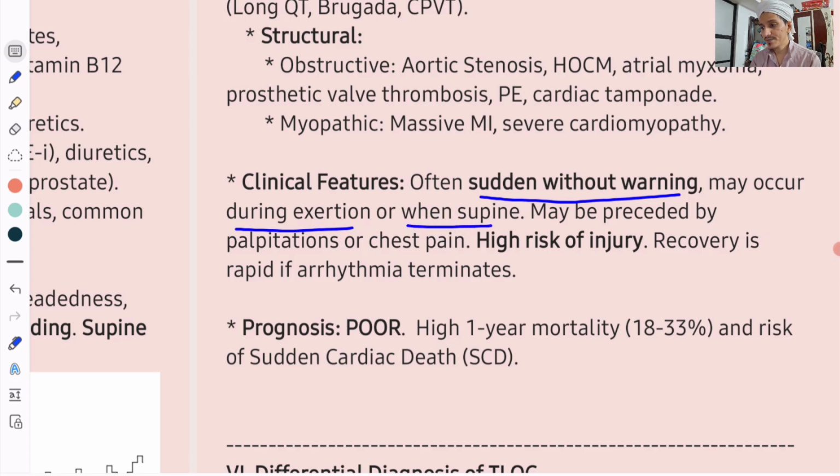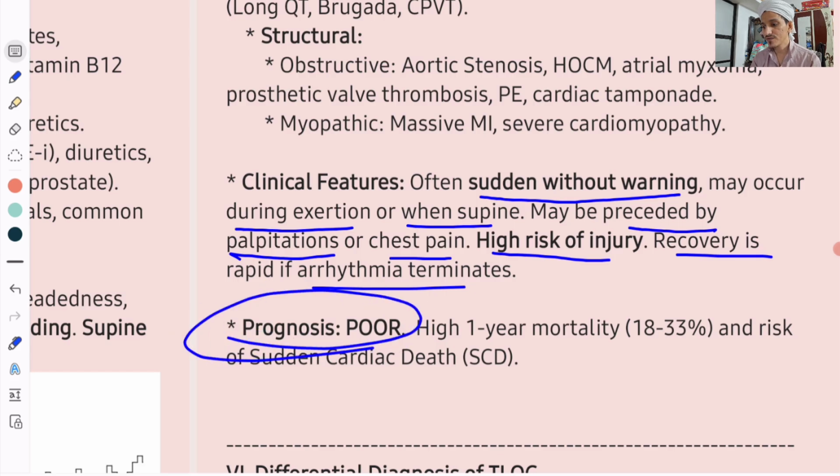They can be preceded by palpitations, chest pain or breathlessness. Exertional syncope, supine syncope, no prodrome. There is high risk of injury. The recovery is rapid if the arrhythmia terminates. Prognosis is very poor, with high chances of one year mortality and risk of sudden cardiac death.